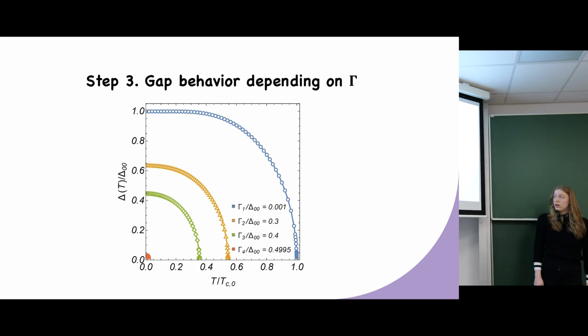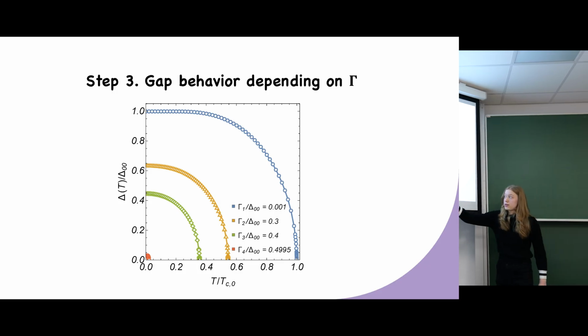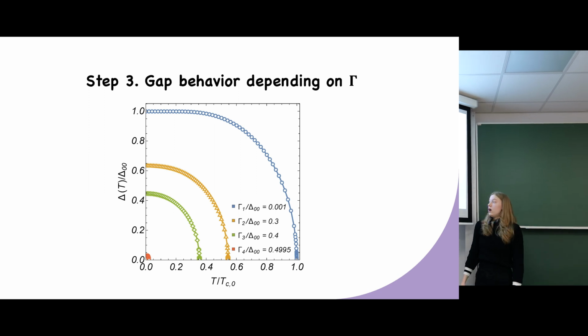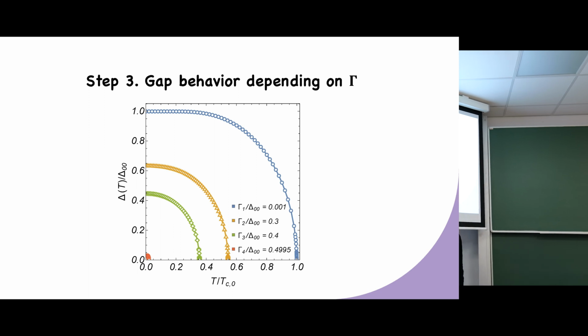So what we expect to see, if we draw the numerical solution, markers are for the numerical solution of the equation we had before. At the beginning, the blue line is for the almost clean case. The temperatures ratio is 1, the deltas ratio is 1.